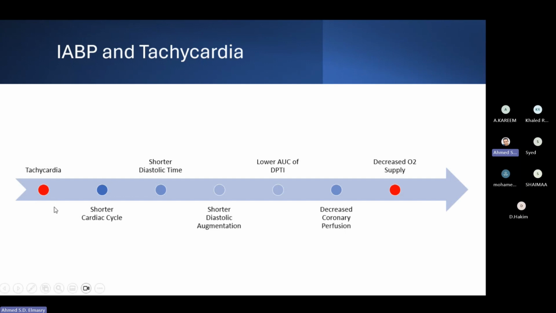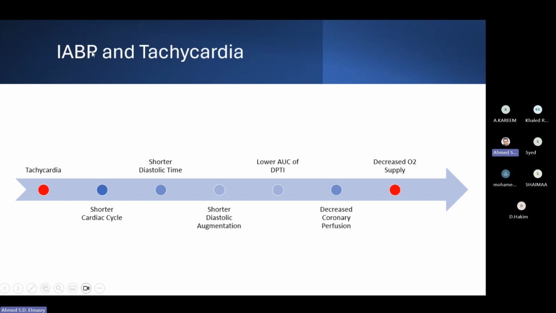If you have a tachycardia, you will get a shorter cardiac cycle, and consequently a shorter diastolic time, and you will get shorter diastolic augmentation, and the area under the curve of the diastolic pressure time index will be decreased. So the coronary perfusion will be decreased and the oxygen supply to the heart will be decreased.